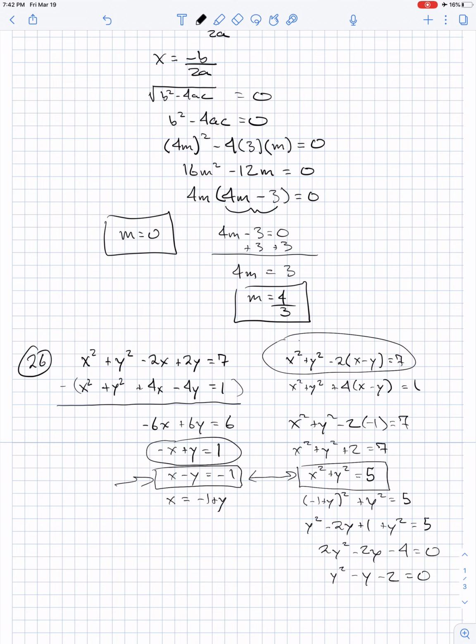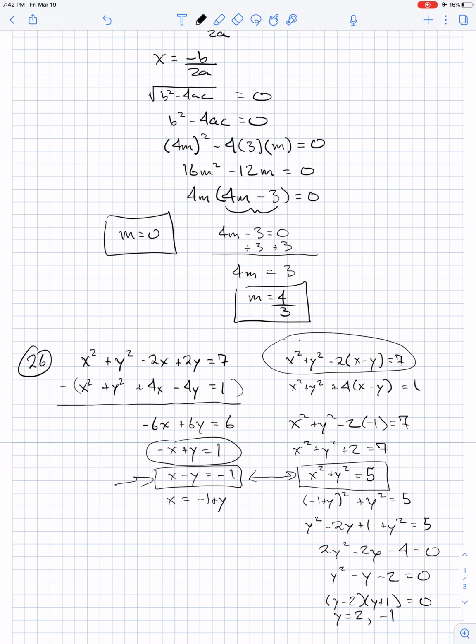And then can we factor this? What adds to negative 1 and multiplies to negative 2? The answer is negative 2 and 1. Okay, and we can see that we get two solutions for y, which are y equals 2 and negative 1.